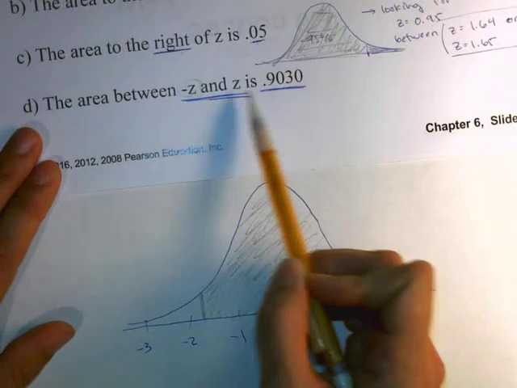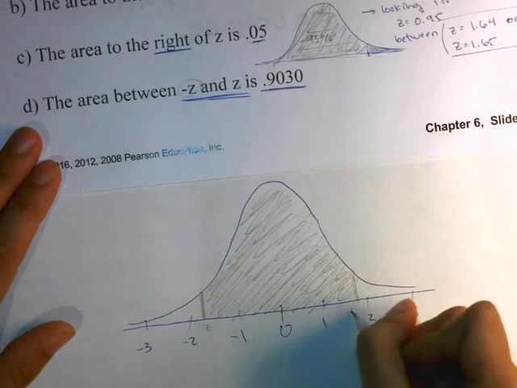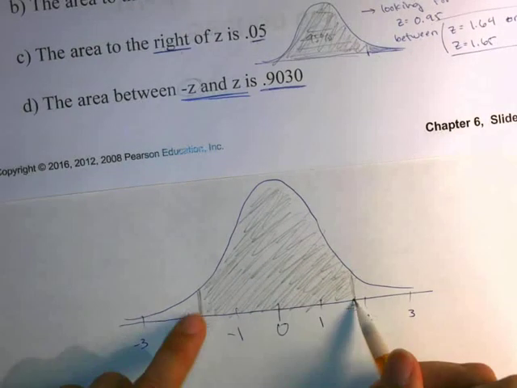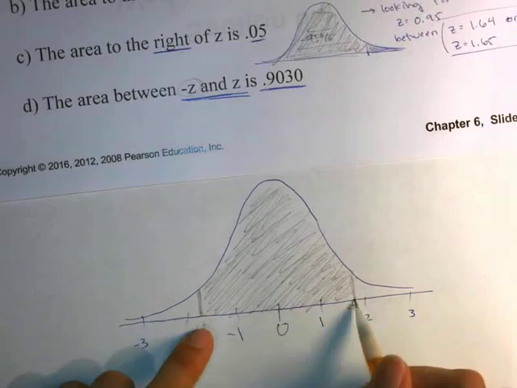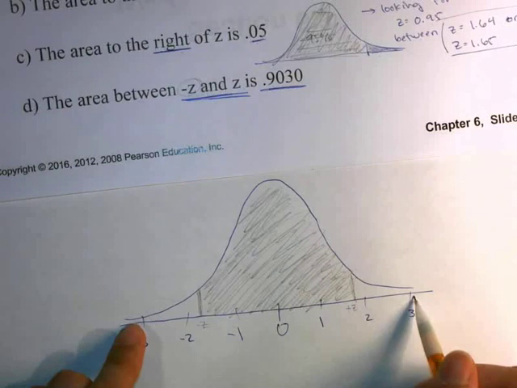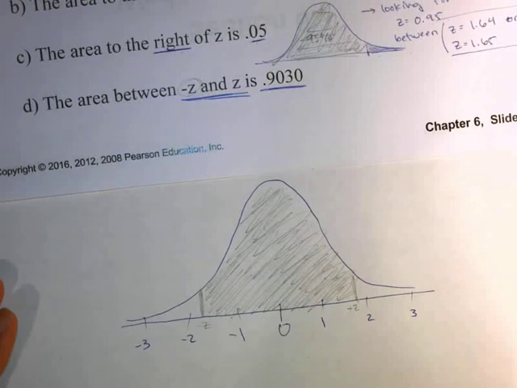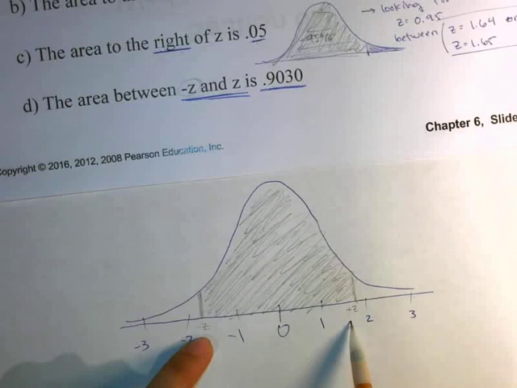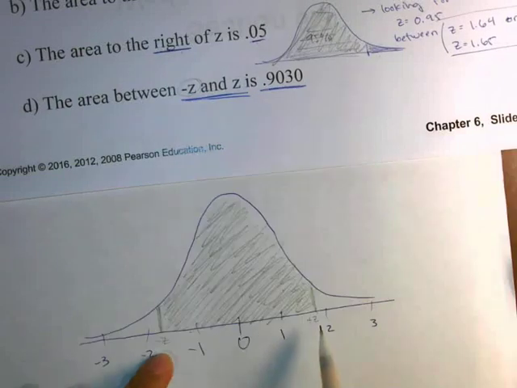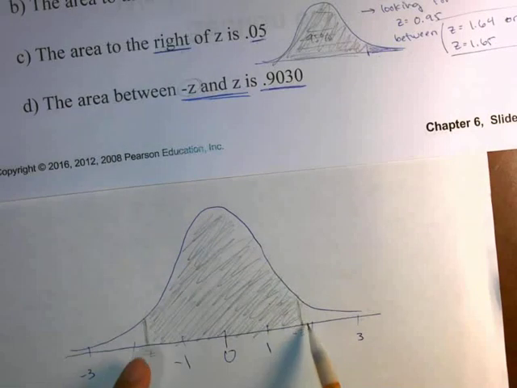So I want to find this value of z. What is this z right here? So there's negative z and there's positive z. What actually is this z value when we have 90% or so of the data between the two numbers and 10% or so of the data outside of the two numbers? So we've done this where I was given the two z values.